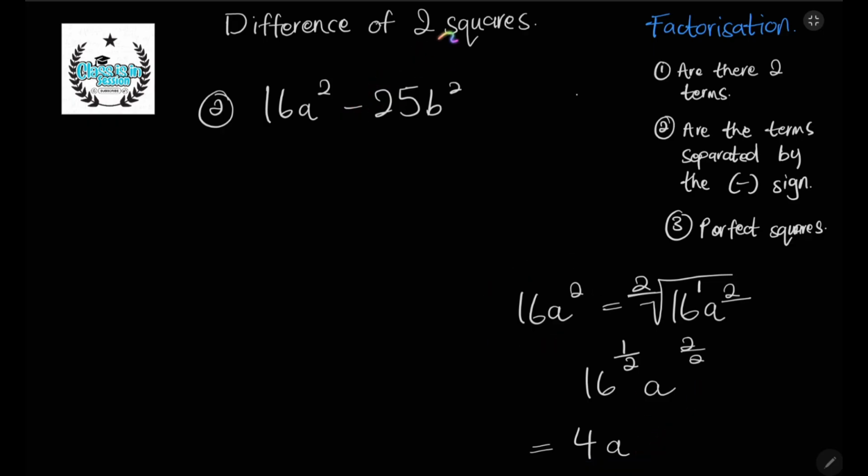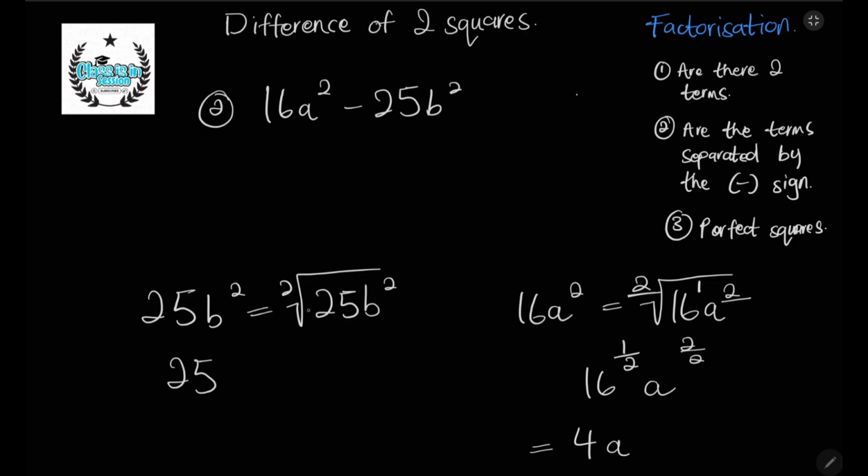Let's move to negative 25b squared. So we just take 25b squared as it is, put it under a square root. How do we solve this again? Inner over outer. We start with the coefficient. It's 25 to the power 1. This is an invisible 1 over 2, the outer, right.